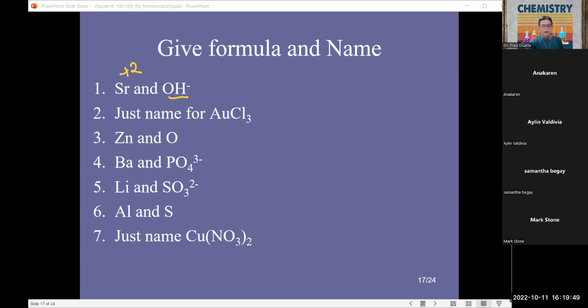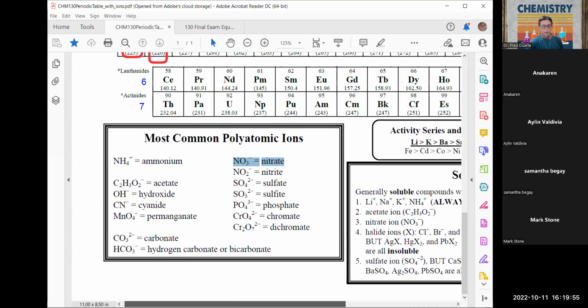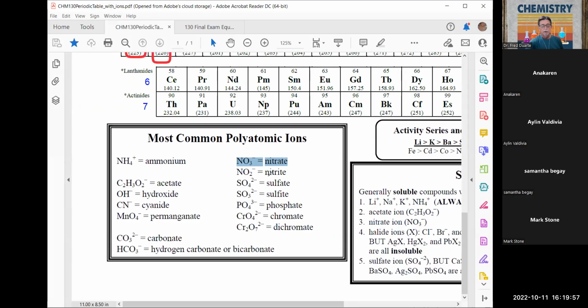Okay, so become well familiar with the polyatomic ion table, which is in the far bottom left of the periodic table. Okay, bottom far left. Most of them you can see are anions. Now, a lot of times students mistake these ions for covalent compounds, okay?